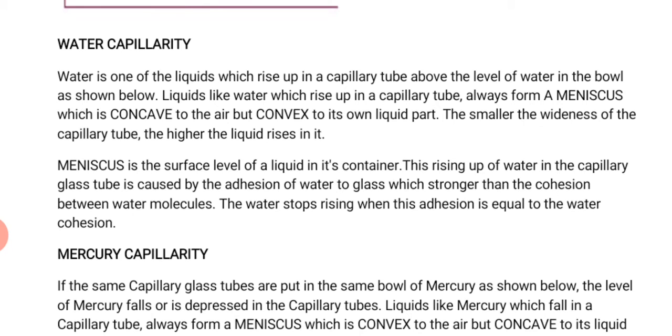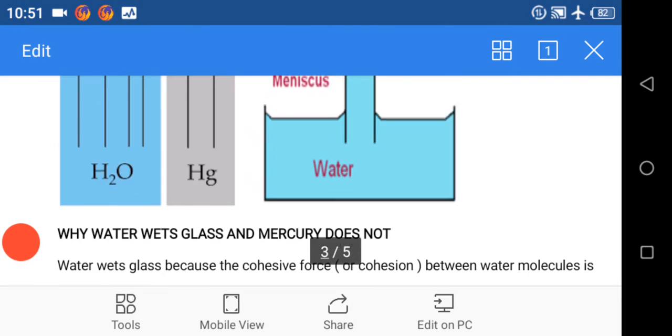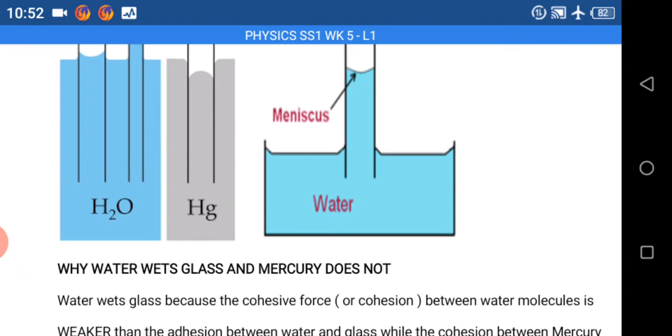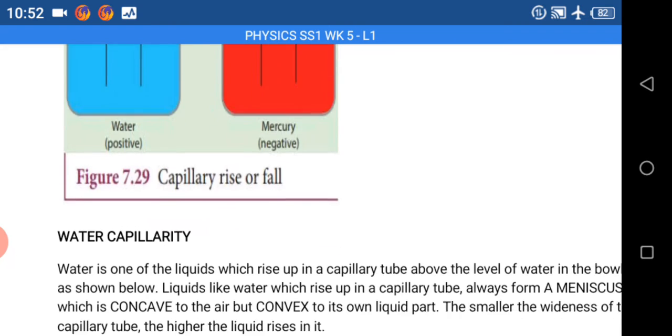Liquids like water which rise up in a capillary tube always form a meniscus which is concave to the air but convex to its own liquid part. You can see that from the diagram.